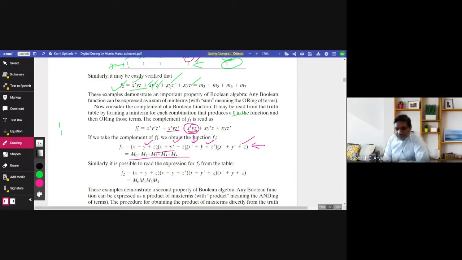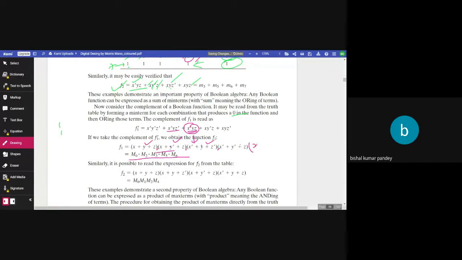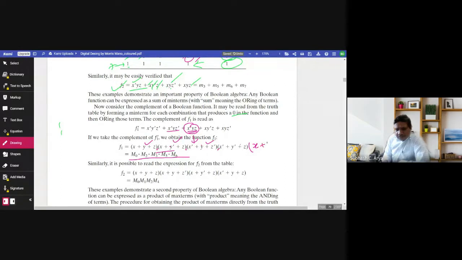So what should I write here to make it correct? Tell me. X plus y bar plus z bar. Very good.